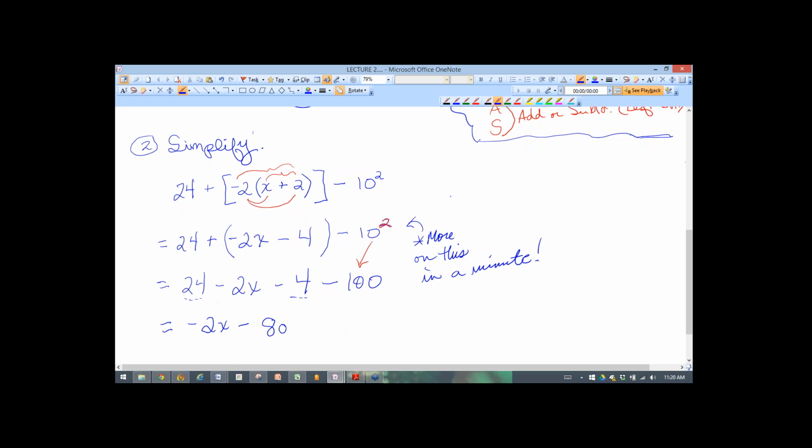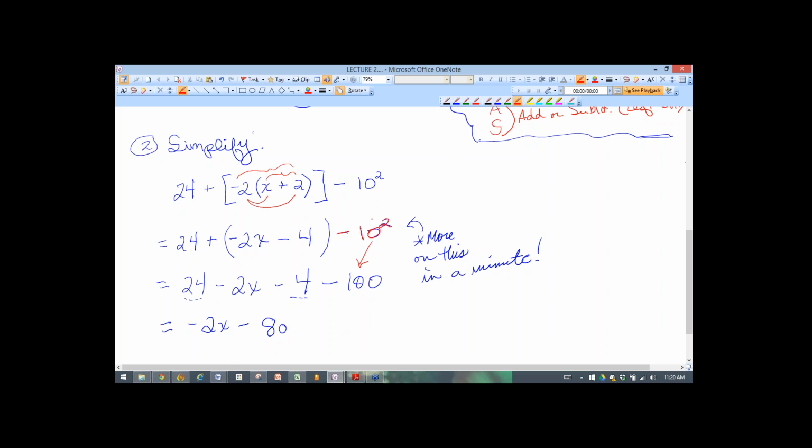So let me come on the side here, and I want to do a short series of examples to get you guys thinking about this issue here, this minus 10 squared. Some people might be thinking to themselves, wait, it's negative 10 being squared, right? Wrong. Okay, be careful.